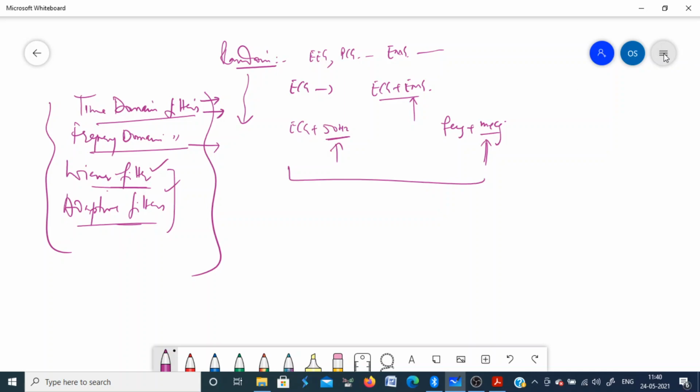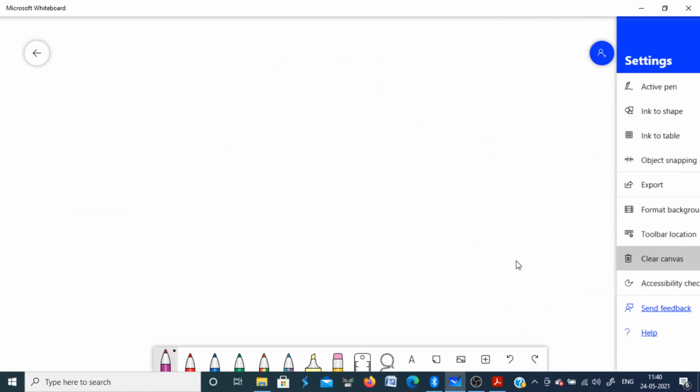But still, we will give a general overview of how it works. What is the difference between the Wiener filter and your normal filters? In the normal filters, you apply some input to a system, or we call it a filter, and you get some output. So it is a one-way process.